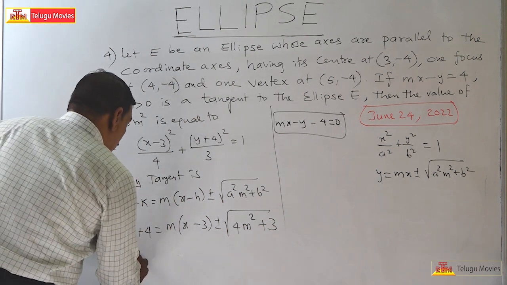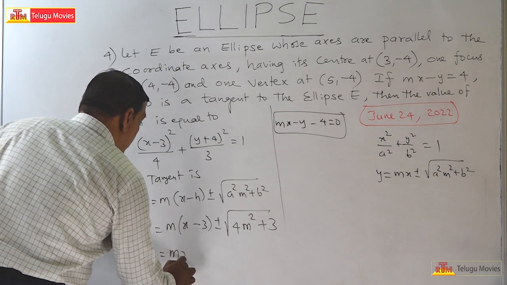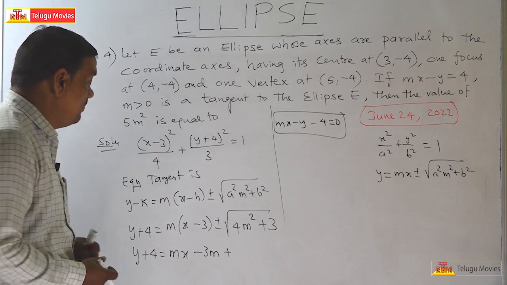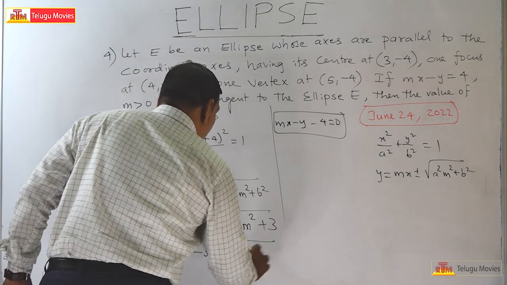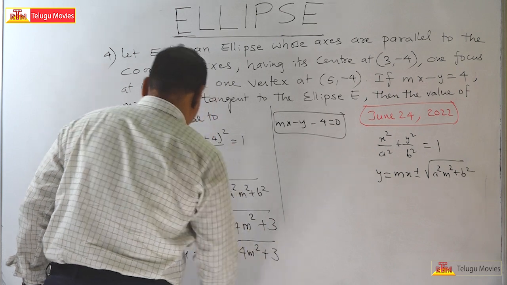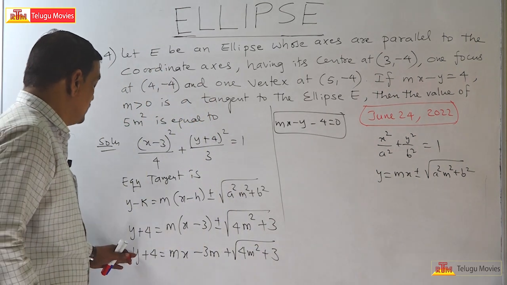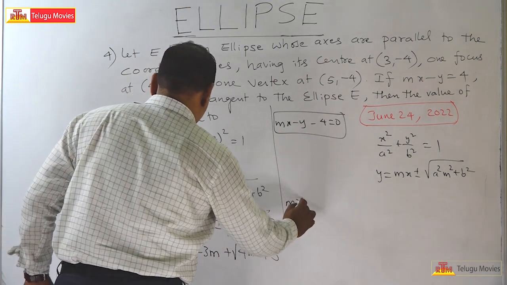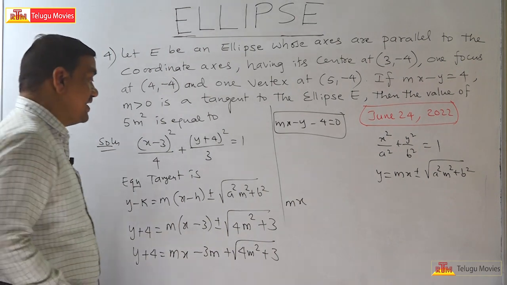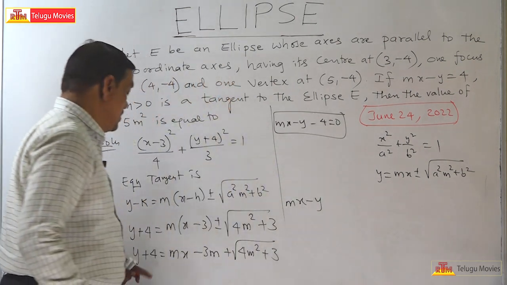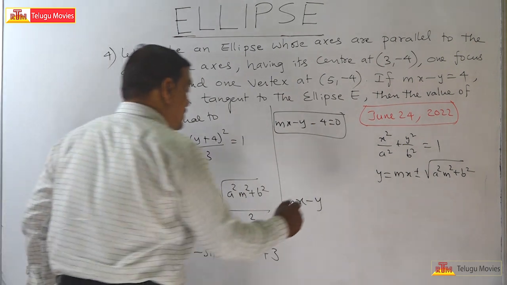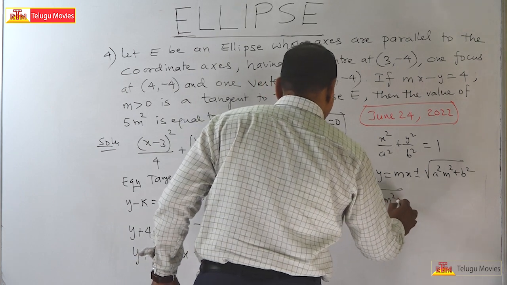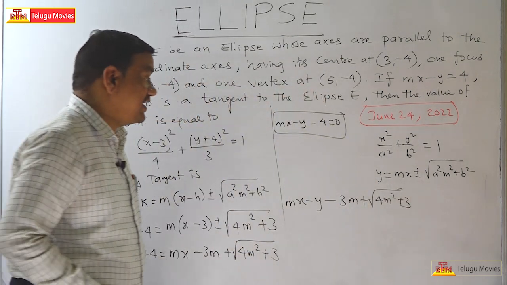Therefore, we do it like this: y plus 4 is equal to mx minus 3m, and we will take one tangent, plus root of 4m square plus 3. Let us write it in the form, taking y plus 4 to that side: mx minus y, and the constant is minus 3m plus root of 4m square plus 3 minus 4.